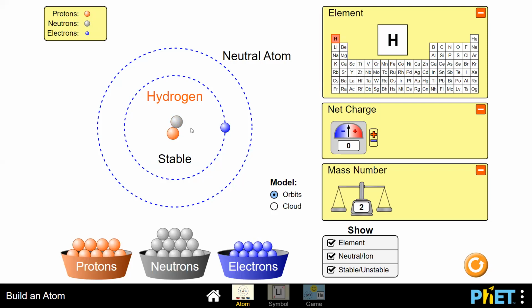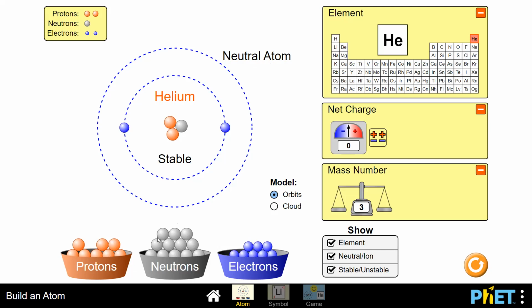Now, just to show that the proton number determines the type of element, if we add 1 more proton, we no longer have hydrogen, we have helium. All right, this will be an ion, so we need 2 electrons to balance, so it becomes neutral.